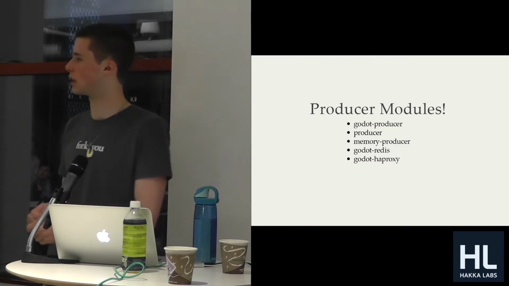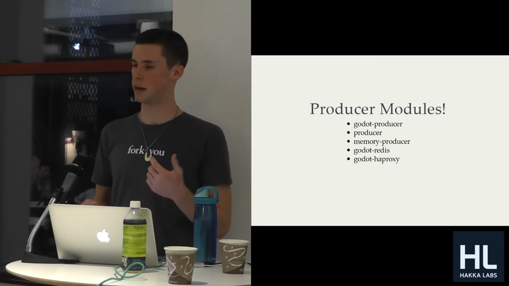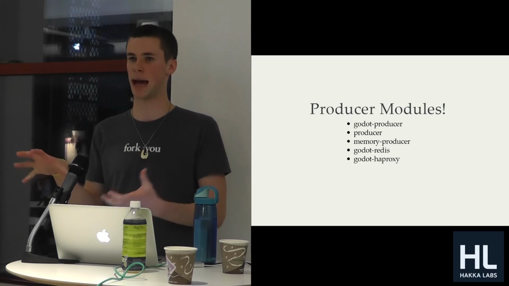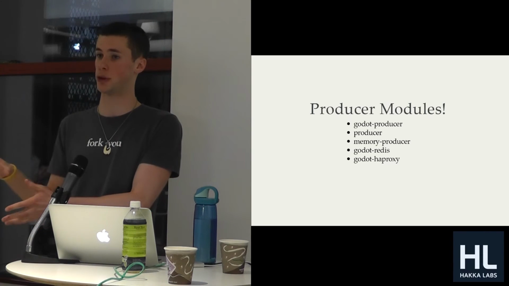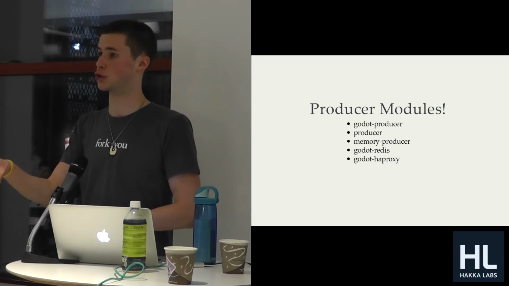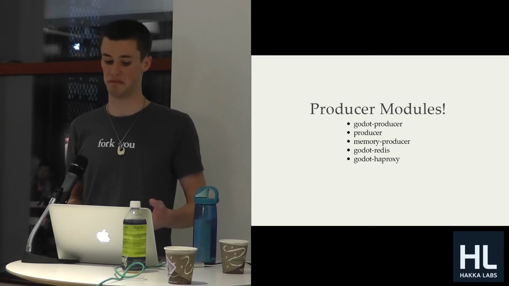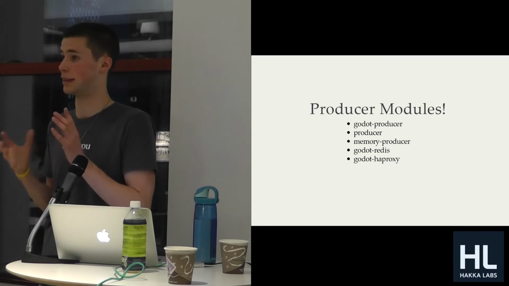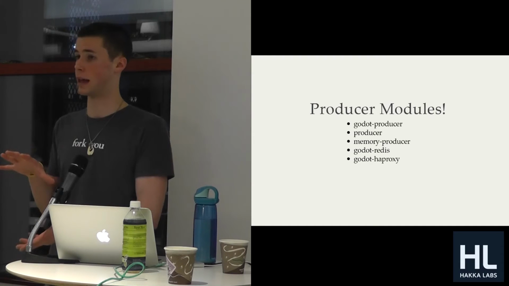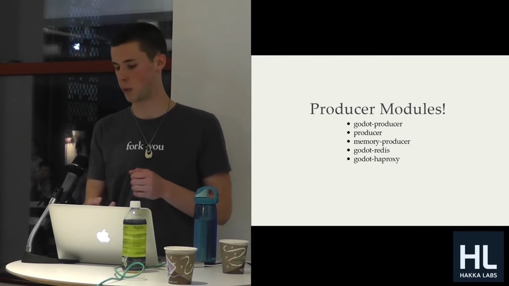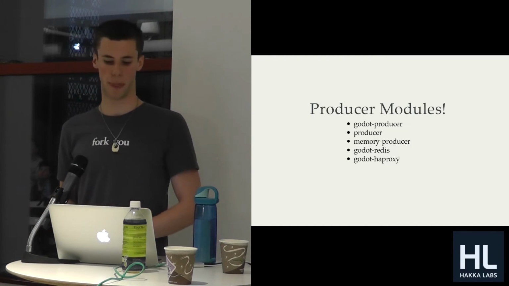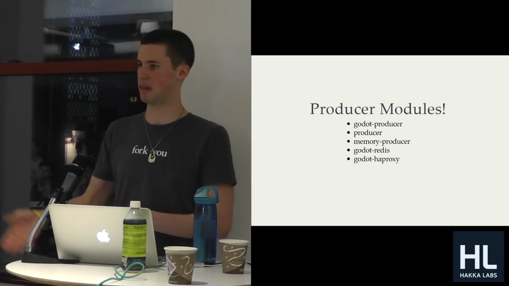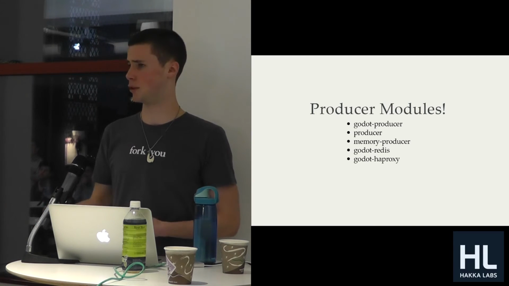So here's an example of some producer modules. There aren't too many currently, but Godot producer and producer are just the abstract forms for creating your own specific producer, where it allows you to pass a constructor, or do some inheritance, and you can create a specific producer that produces whatever type of data you want in that format. And one that I wrote is memory producer. The easiest way is I just pass a memory producer into a Godot producer, and I usually give it a service.